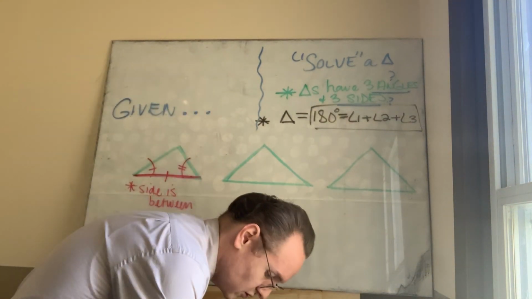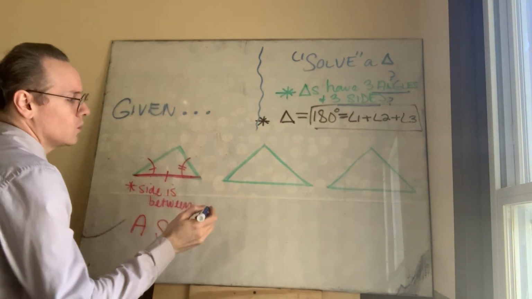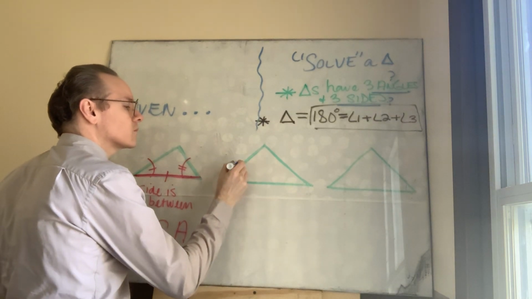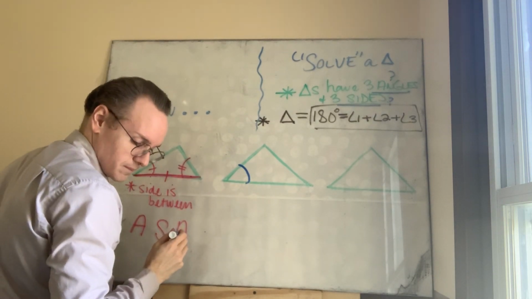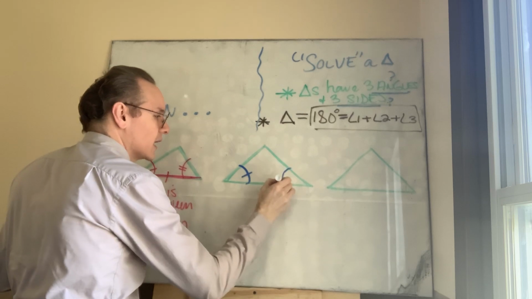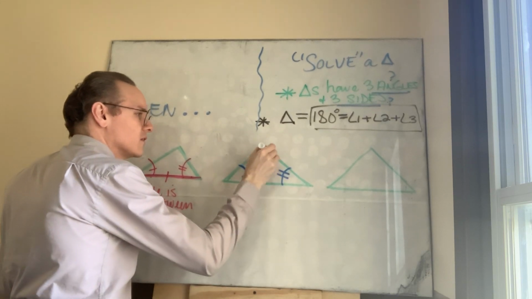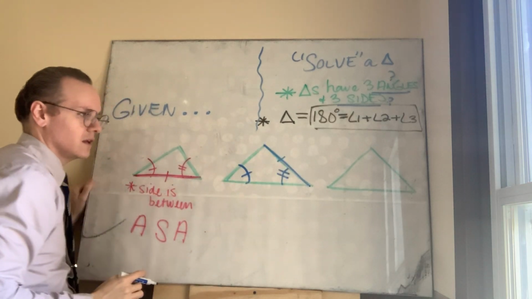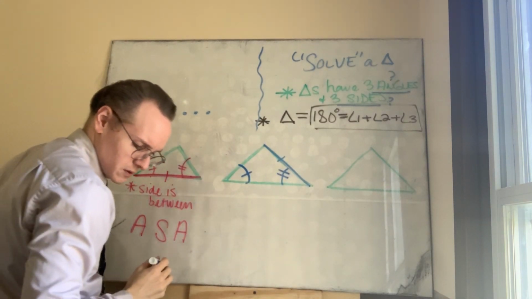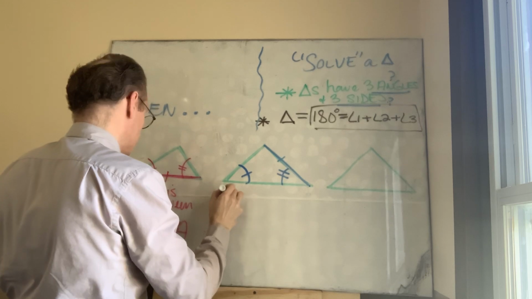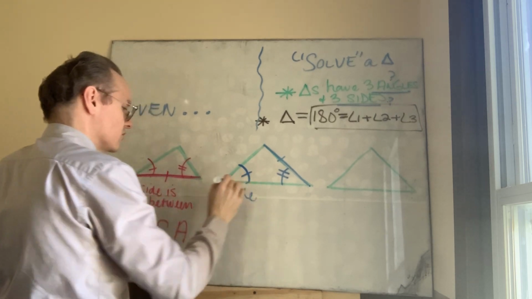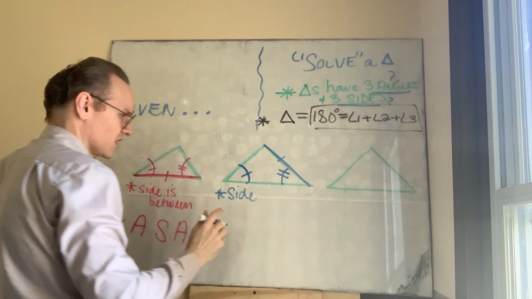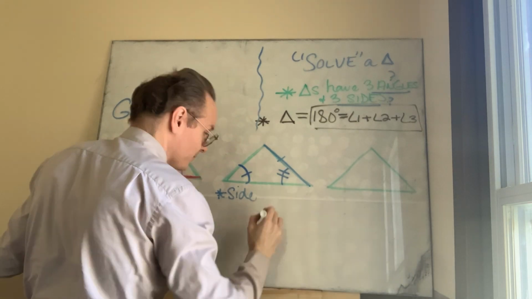Then there's potentially this situation where you have an angle and then a second angle, but the side length that is involved is not between. So to distinguish it in reference to the side specifically, the side is not between.